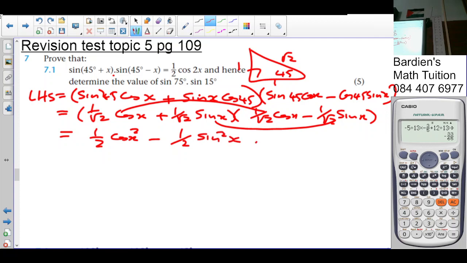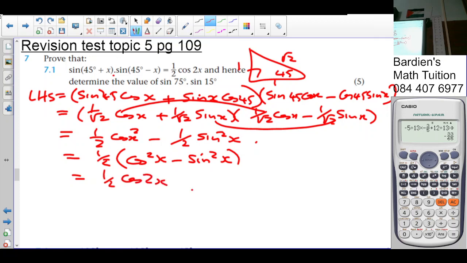We have 1 over 2 as a common factor, which gives us cos squared x minus sine squared x. Now what does cos squared x minus sine squared x mean? It will be cos 2x. So it's half cos 2x, which is indeed equal to the right hand side.